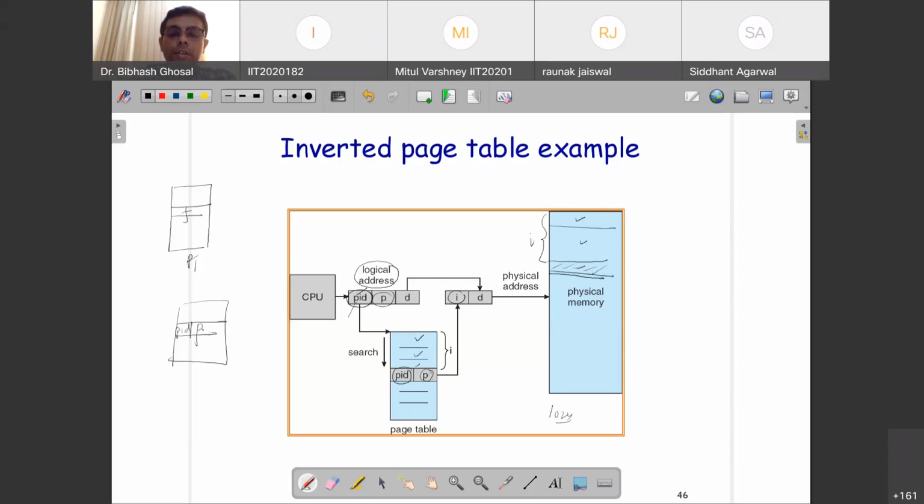Next, read the offset, and the same offset within that particular page is the address that you are looking for. This is called inverted page table. Is this clear to everyone? This is another way of handling the paging concept.